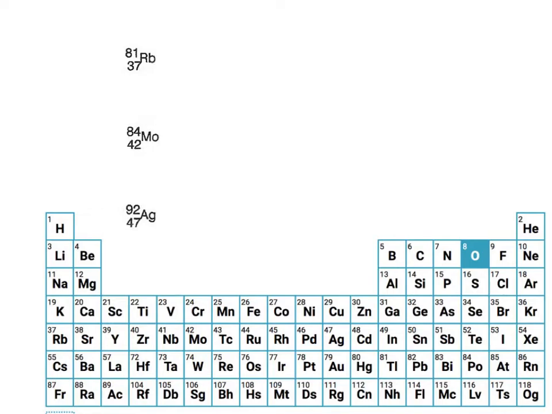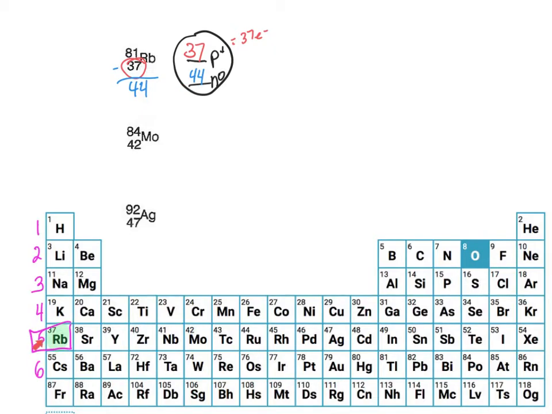All right, rubidium 81. We see that rubidium 81 has 37 protons and 37 electrons. It is 81 minus 37, which is 44 neutrons. It has 5 for its valence shell because it's in the 5th period. We're drawing all 5 shells.